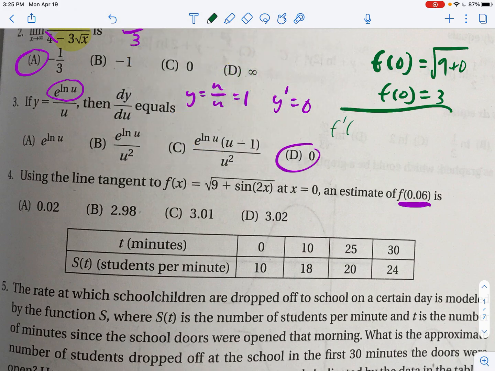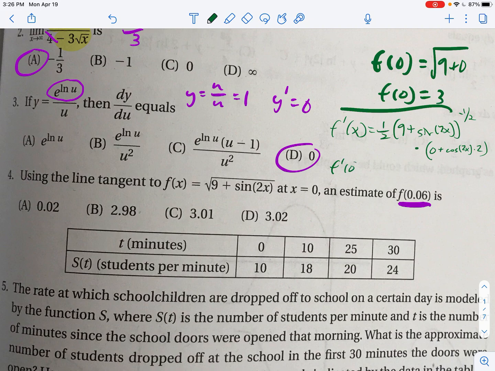F prime of x would be 1/2 times 9 plus sine of 2x to the negative 1/2 power times, by the chain rule, the derivative of what's inside, which is 0 plus cosine 2x times 2.